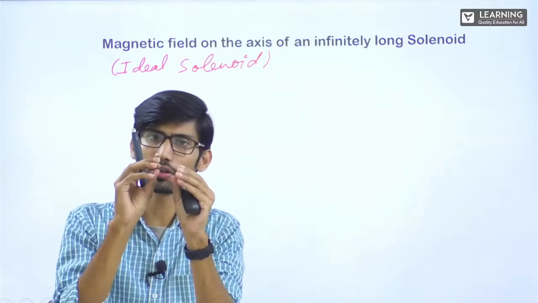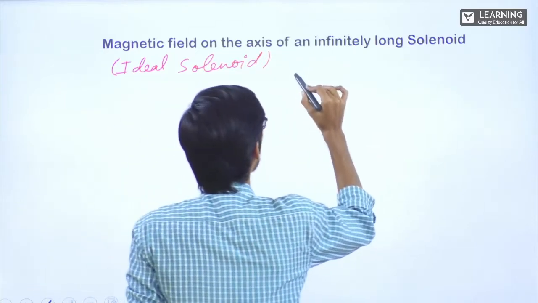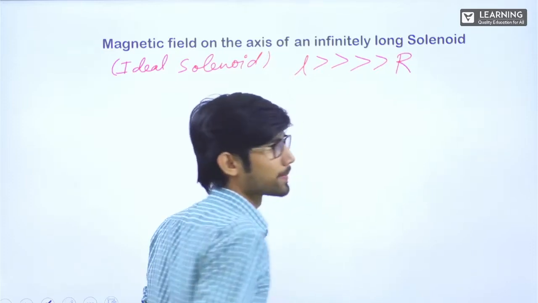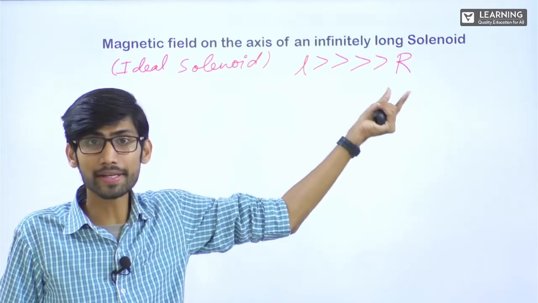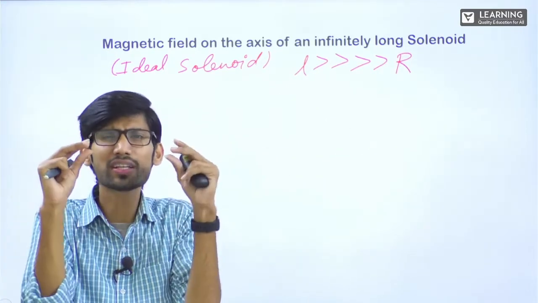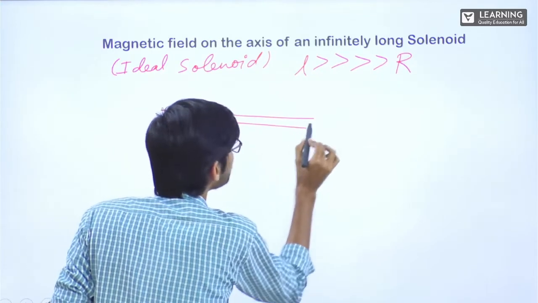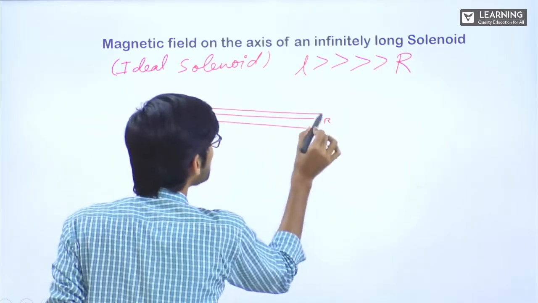See, any real solenoid cannot be infinitely long. Infinitely long means L is very much greater than R. That means the length, on comparing with the radius, is very large, right? Very long. That means it is basically a thin solenoid. If I make a solenoid very thin, this radius will become very small compared with the length, right?